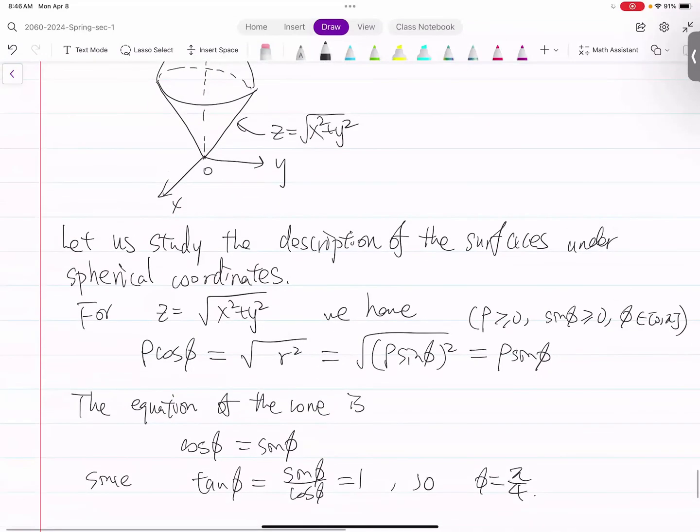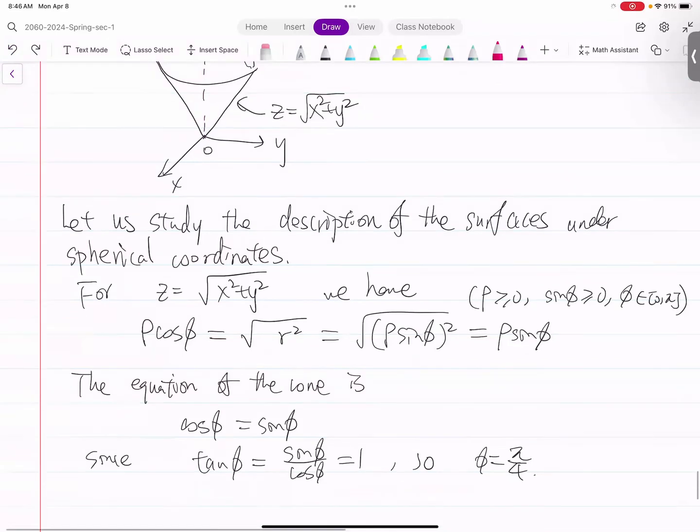You're looking at the figure, this distance is the same as this distance, so this is pi over 4. And that's the upper bound of the angle phi, which is the rotation from the z-axis to the boundary of the cone.